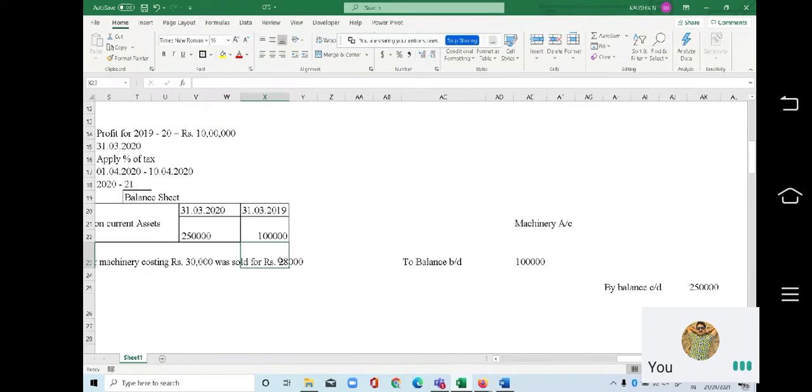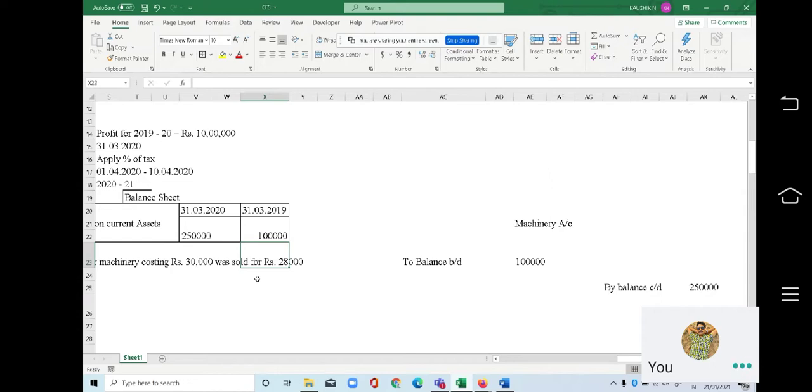By looking at this, what comes to your mind? Is it a profit or loss on sale? You have sold a 30,000 rupees asset for 28,000, so is there a profit or a loss? Students, tell me, if you sell this 30,000 rupees worth of asset at 28,000, will that get you a profit or lead to a loss?